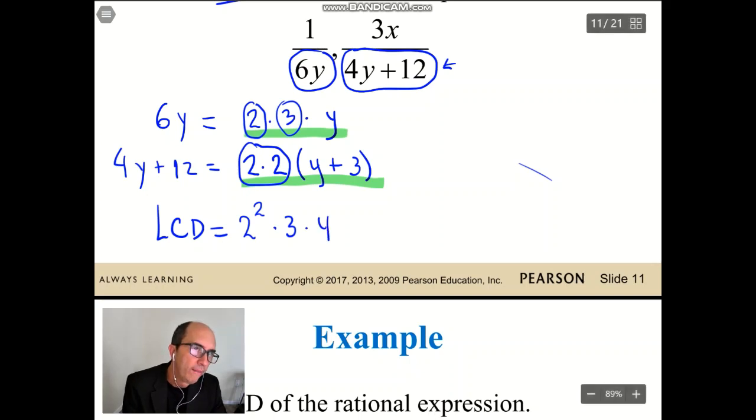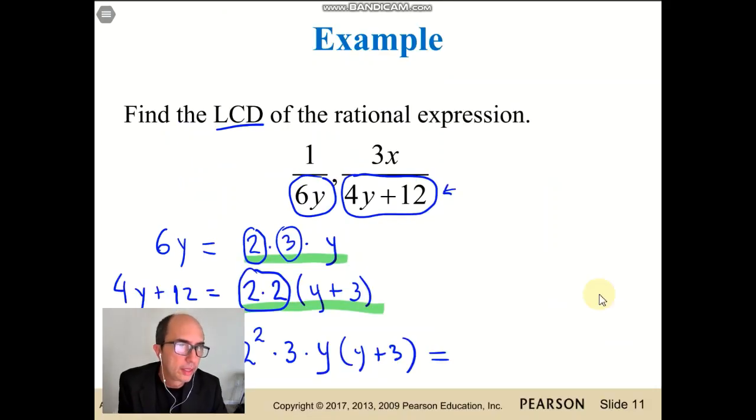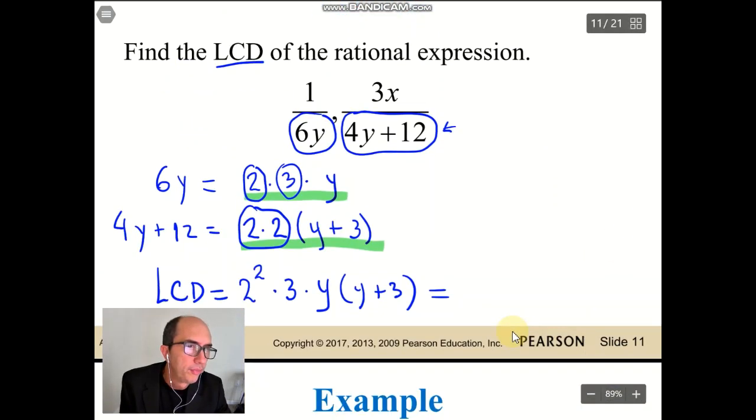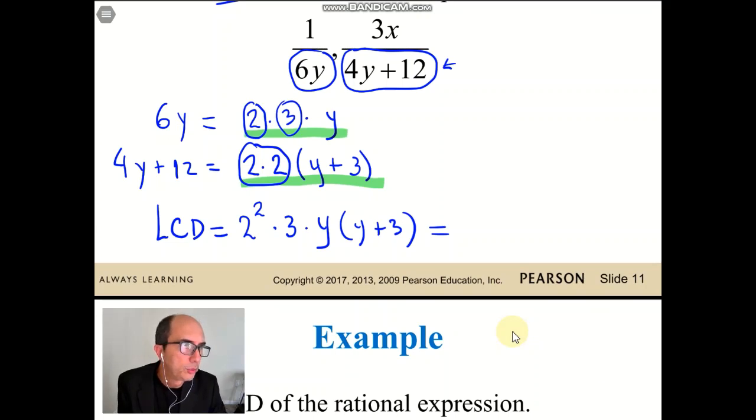And y, and also y plus 3. And that means that the least common denominator is equal to 2 times 2, 4, times 3, 12, times y plus 3.